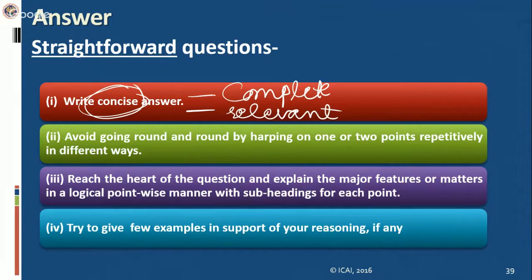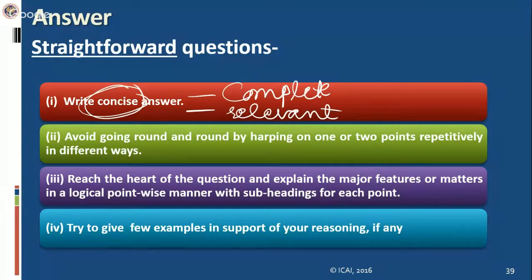We are not intending to say you should write short answers. And I am not saying you should write lengthy answers. But your answer should be complete. And it should not be very short, I tell you. It should be a balanced answer.